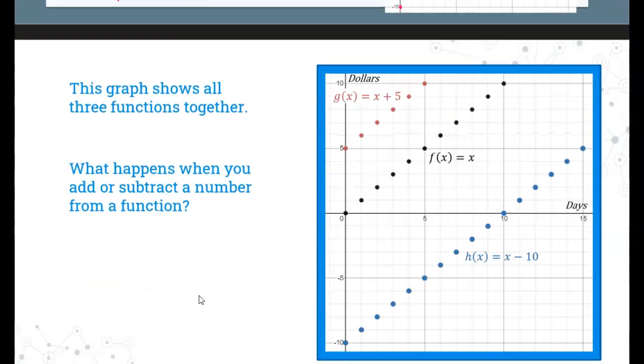So here are all the functions on the same graph. Here's our original one, f of x. And then we started with $5, there's g of x, and then we started with -$10, we started in debt. If we look at the original to the case where we started in debt, how did that one change?